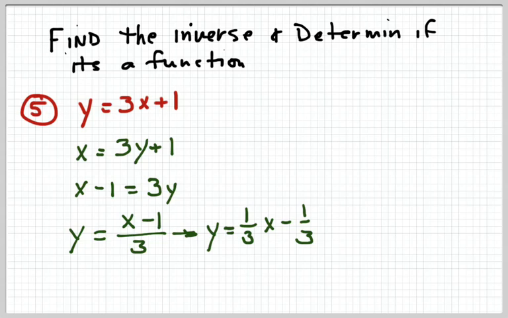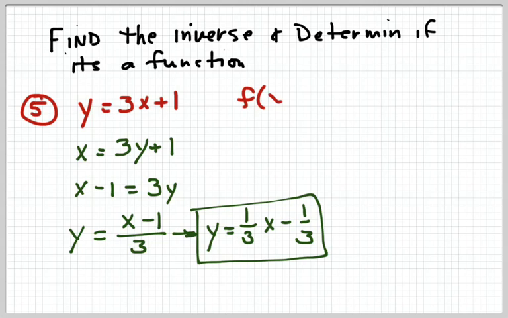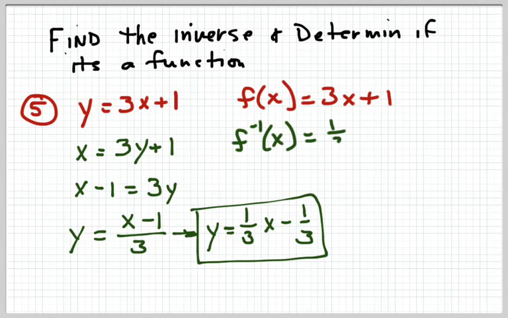There's a lot of ways to determine if this inverse is a function or not, but let's first of all get our notation correct. So the original function f of x is 3x plus 1, and the inverse function f inverse of x is 1/3 x minus 1/3.